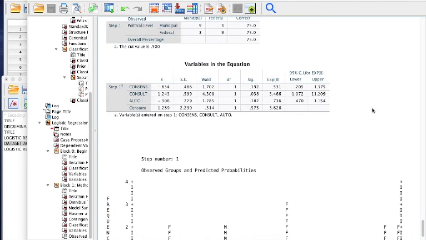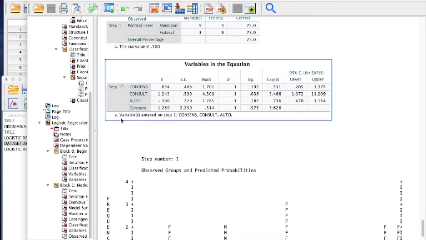Okay, so here is where we get to see what the significance values are for each of the variables. Remember, constant is not a variable. We don't care about it, at least for most of the stats you're ever going to do. So if we look at the significance value here, this one is non-significant, this one is non-significant.